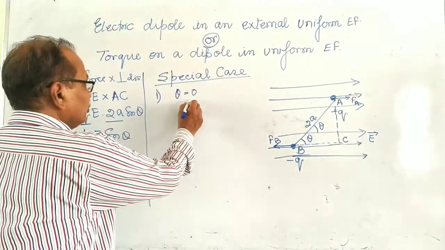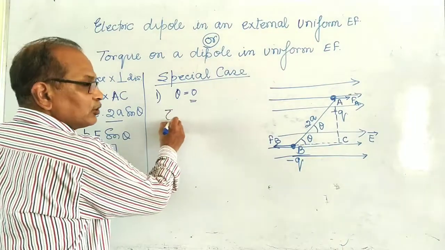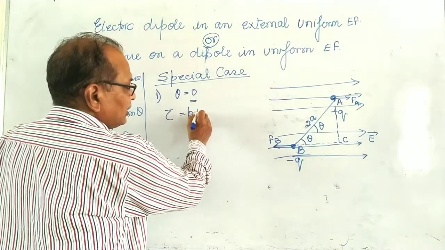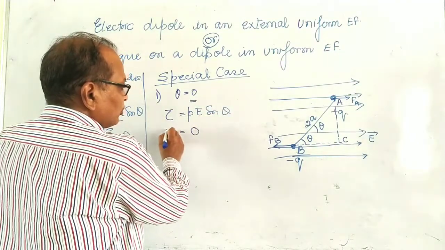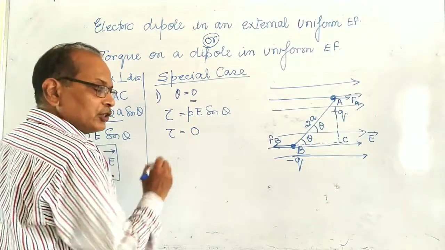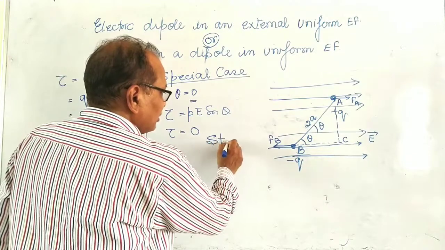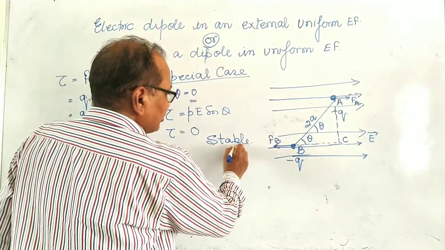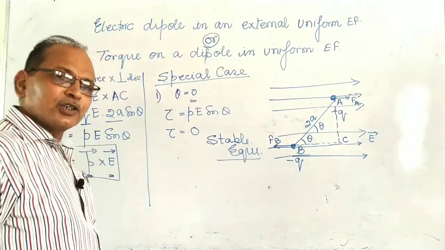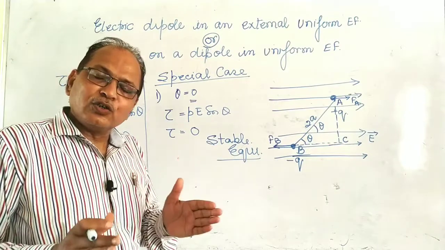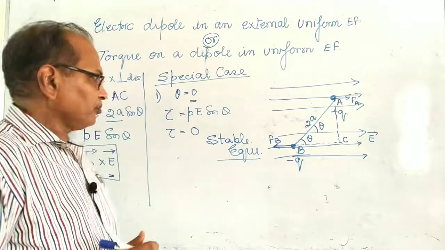If theta is 0, the expression of the torque is P E sin theta. Therefore, it is 0. In this condition, no torque is experienced. This is called stable equilibrium. This is the stable equilibrium condition when the direction of the dipole and the electric field are along the same direction.